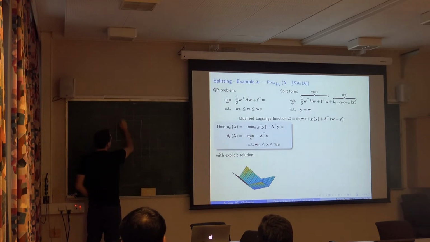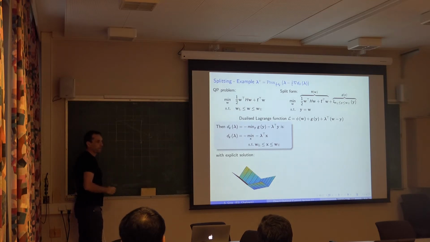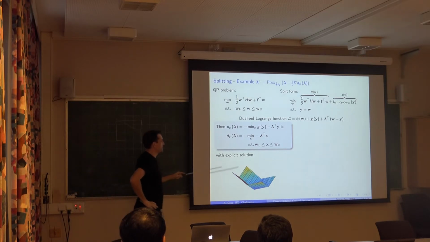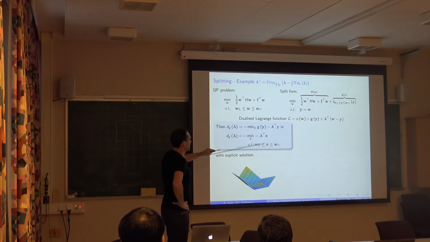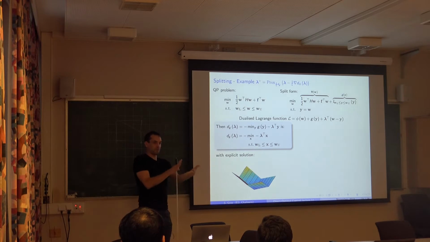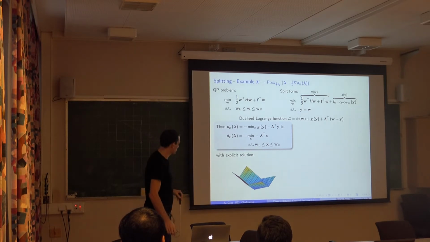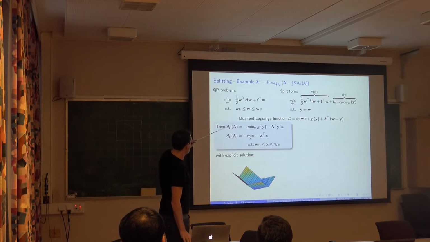So essentially, if your lambda wants to bring your solution here, you will tend to move here and then to the corner, right? So you can very easily identify what x is minimizing this linear program. And the dual function for different lambda ends up looking like a piecewise linear function. So this dual function is completely inexpensive to evaluate.